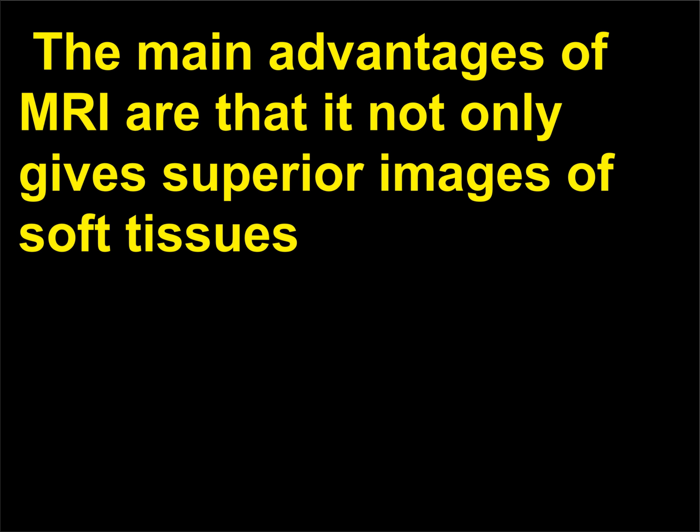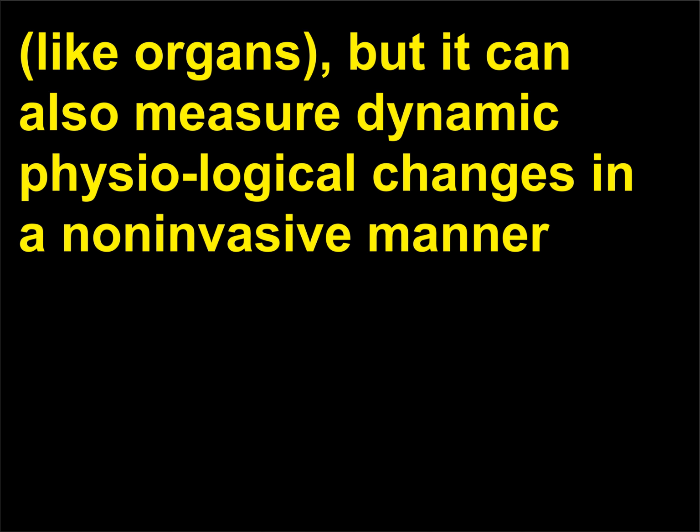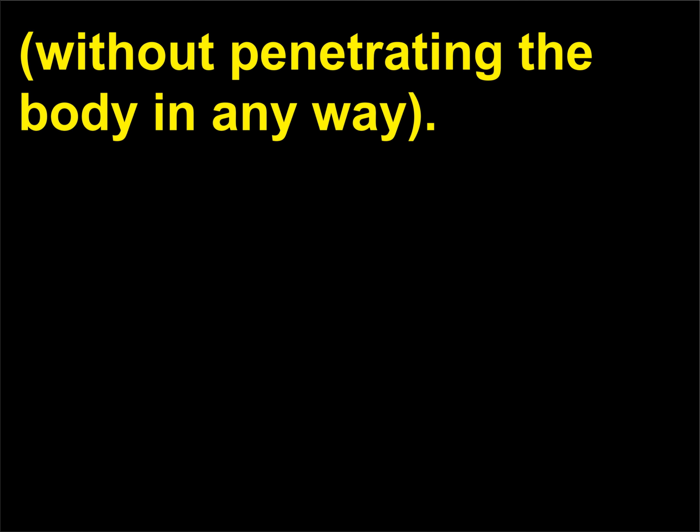The main advantages of MRI are that it not only gives superior images of soft tissues, like organs, but it can also measure dynamic physiological changes in a non-invasive manner, without penetrating the body in any way.